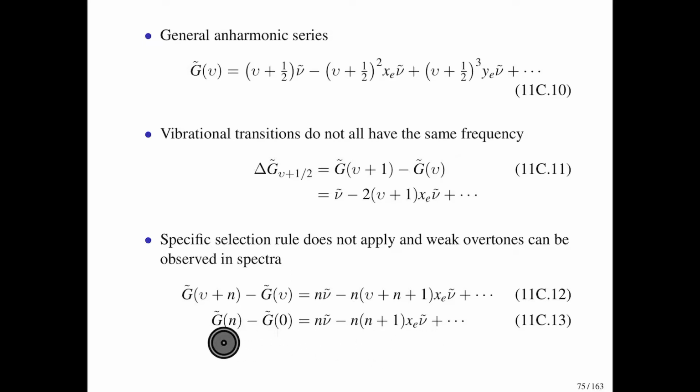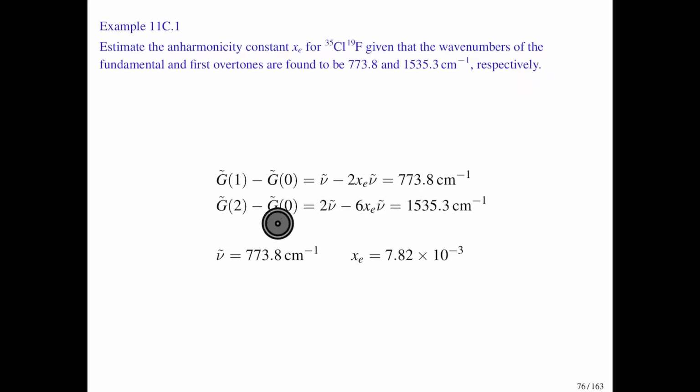You could plug in 1 and plug in 2, and that will give you the two formulas that you see here. We now have 2 equations and 2 unknowns, so you can solve for the fundamental vibrational frequency, and then you can solve for xe, the anharmonicity constant.